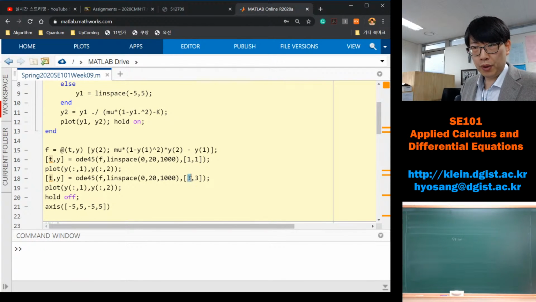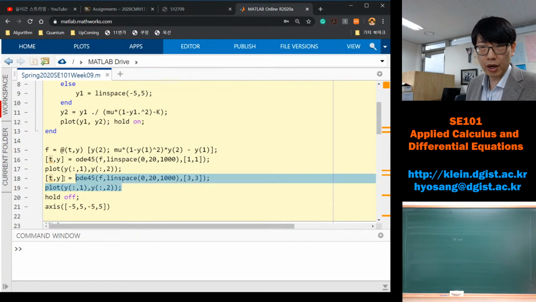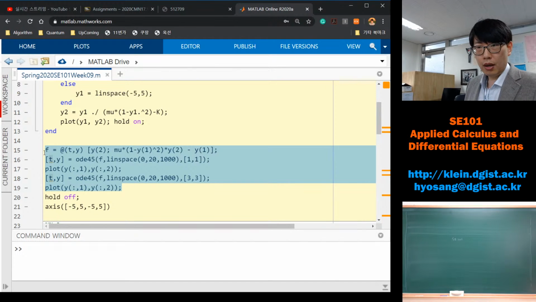And the other is when y1 is 3 and y2 is 3. So going back to the original interpretation, y1 is y and y2 is y prime. So basically I'm solving this van der Pol equation with the initial condition y(0) is 1 and y'(0) is 1. And in this case y(0) is 3 and y'(0) is 3. So I also plot these 2 graphs.